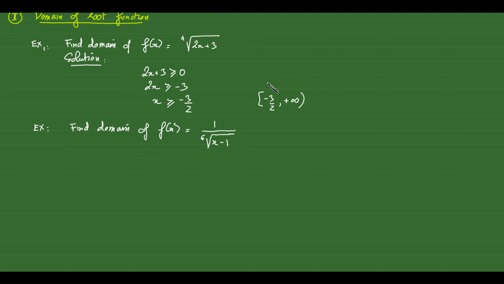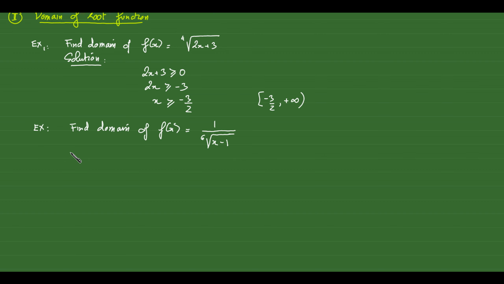However, because the root over here is under the denominator, even though we can take the sixth root of 0, it turns out to be 0. And when it turns out to be 0, the 0 will be under the denominator. And we know that we're not allowed to have 0 under the denominator.